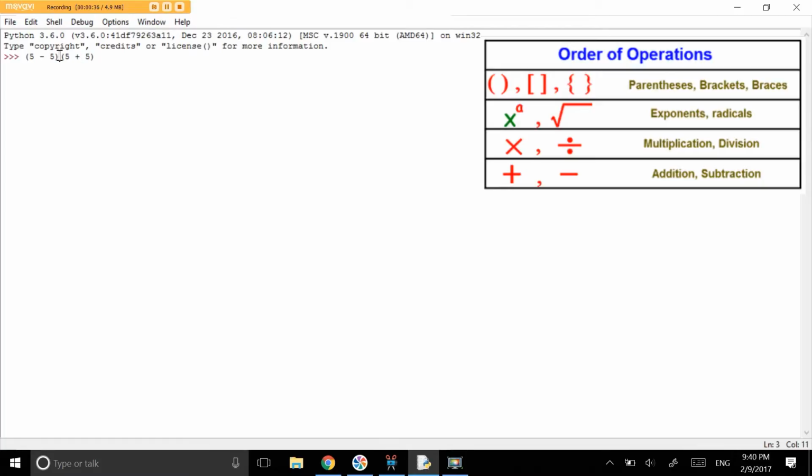So 5 minus 5 multiplied by 5 plus 5 divided by 6. Actually, we'll add a few more parentheses to make this look better. And let's make it all go to the second power. And the answer is 0. You can see that right here we used division, therefore the answer came out as a decimal.